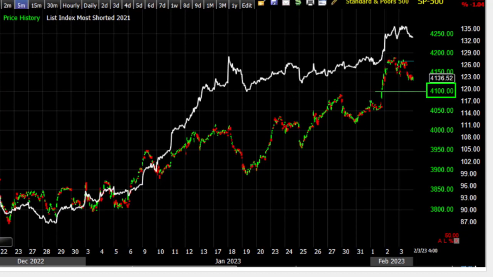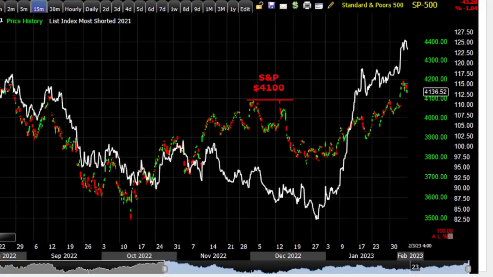The reason being, if we look at a longer time frame, is that last time we were here at 4,100 in December, you can see this most shorted index going down. The shorts are piling in when they see this failure of price at resistance.